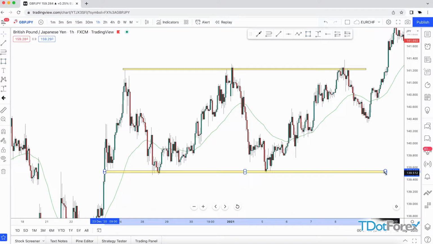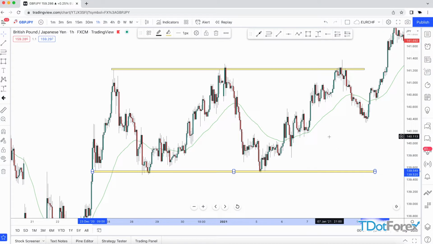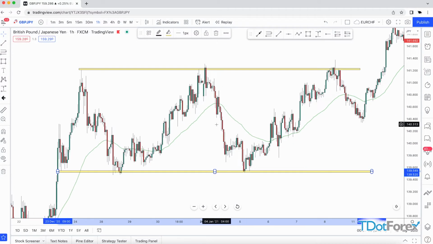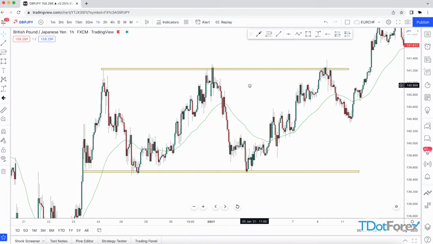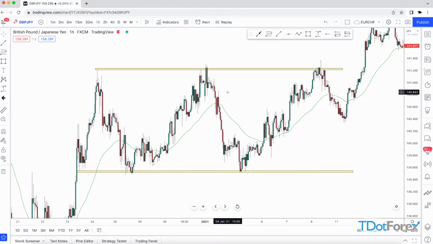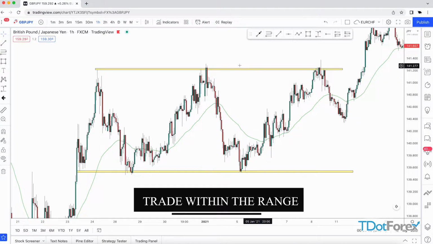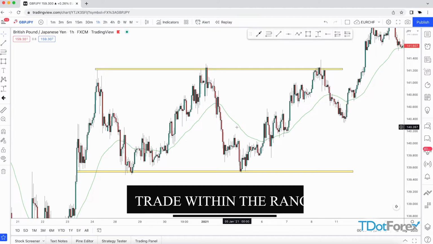And I'll tell you why the 3 touches are significant when I explain the full step by step here. So first of all, what we want to do is we don't want to trade outside the range. We want to trade within the range. The reason behind that is because the market ranges, and it's also called consolidating.